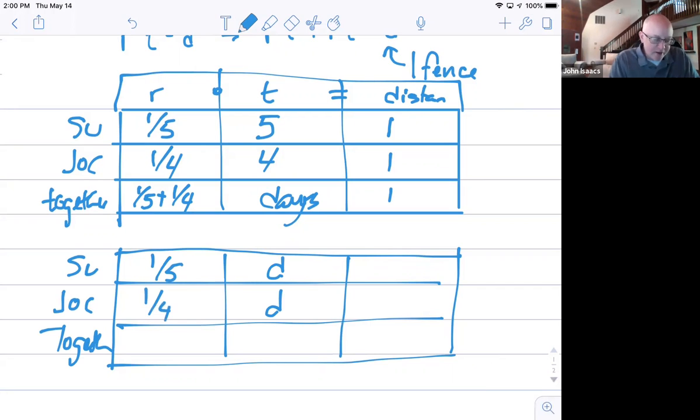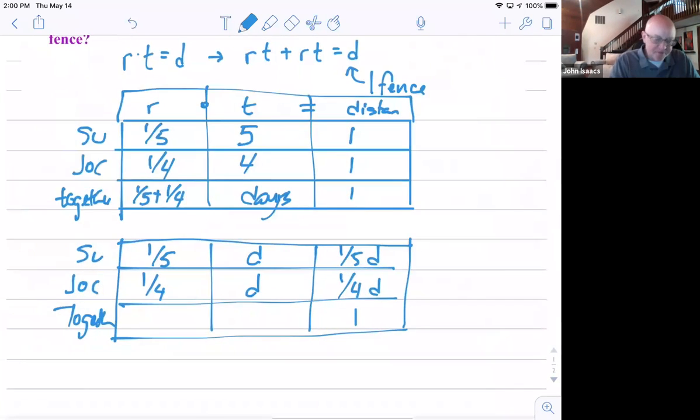And we know that therefore Sue is going to paint 1/5 times D, and Jock is going to paint 1/4 times D, and they need to do one whole fence. So either way, you wind up with the equation 1/5 D plus 1/4 D equals 1, right?